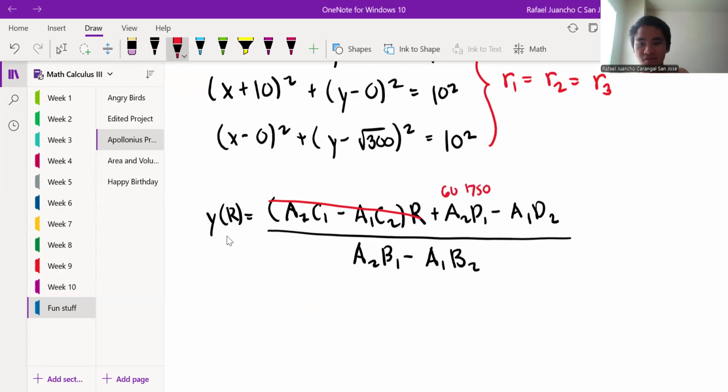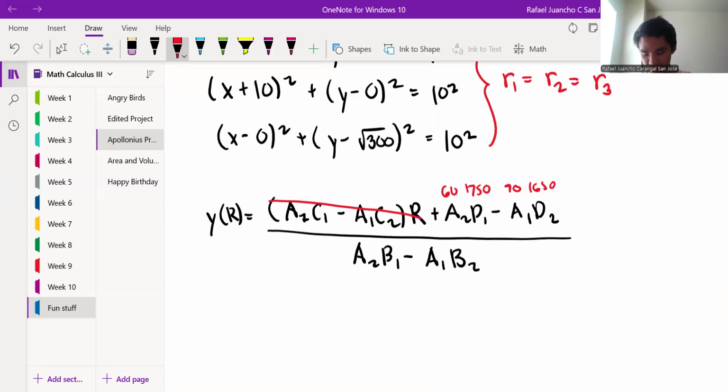A2 is 60 times 1750, minus A1 70 times D2, so 70 times 1650, right?